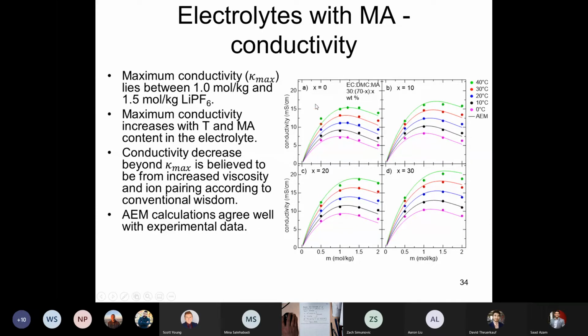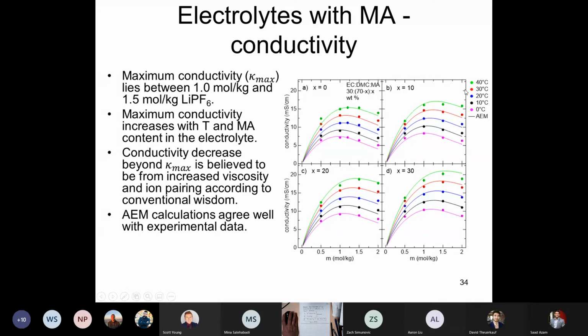So then you can look at conductivity, okay? Again, it's the same matrix of electrolytes with no methyl acetate in the upper left, up to 30% methyl acetate in the lower right.